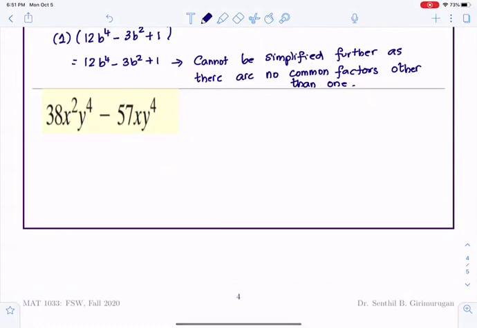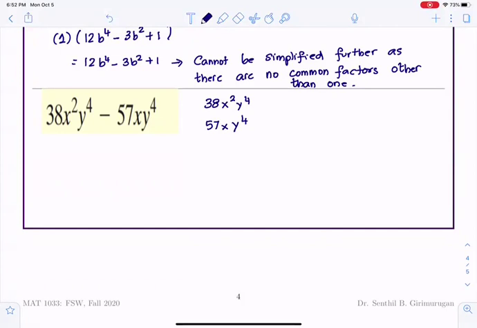So we have two terms here, 38x squared y raised 4 and 57x y raised 4. And we want to look for a factor that is common between 38 and 57. Now, earlier today, I gave you the idea that we want to write the bigger number in terms of the smaller number.